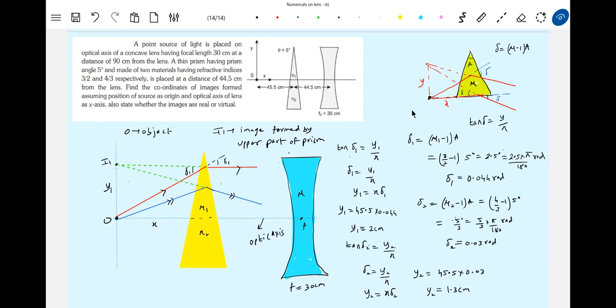I2 will be here, and this will be Y2, and this will be delta 2. I'm unable to show it; the diagram will be very complicated. Now I1 and I2 will become objects for this diverging lens. Object distance is the same. We'll calculate the corresponding image distance.